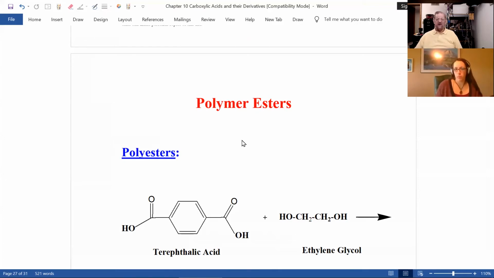I'll have a whole chapter later on polymers, but poly means many, mer units, and a polymer is like a freight train with a lot of boxcars that are all the same and repeating. But in this case, instead of having couplers, you have functional groups, and one functional group is an ester. And therefore, you can have polyester.